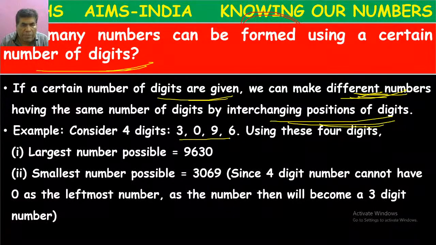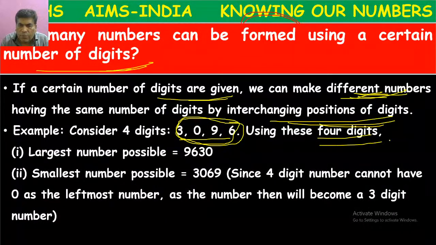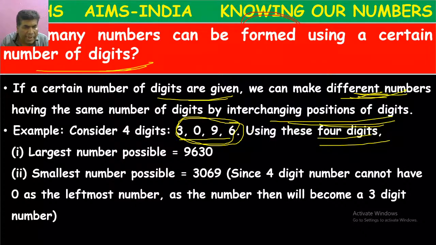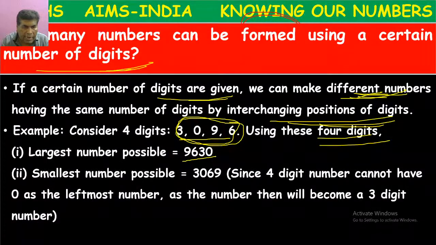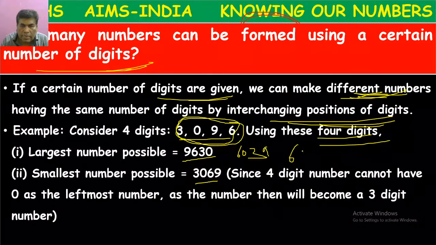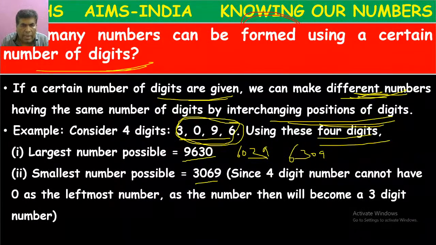Suppose we are given 3096. 4 digits are there. Using these 4 digits, what numbers can we write? We can write 9630, or 3069, or 6039, or 6309. Like that we can write different types of numbers from the given digits.